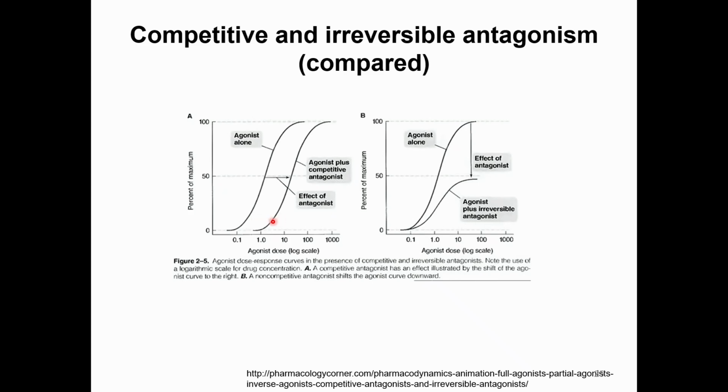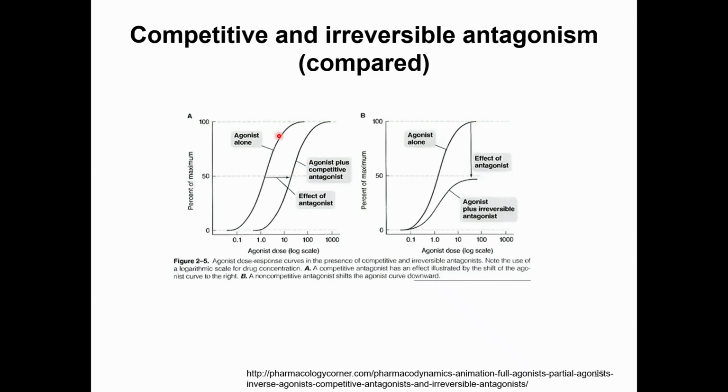And again, this is a competition. But actually in this one, we're talking about competitive antagonism and irreversible antagonism, which is a bit different. So here is what we just talked about, an agonist alone, and here's an agonist plus a competitive antagonist, and it shifts everything to the right.